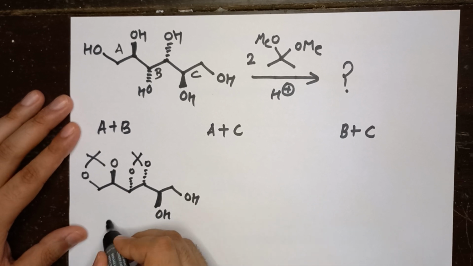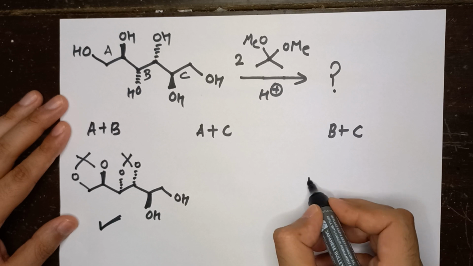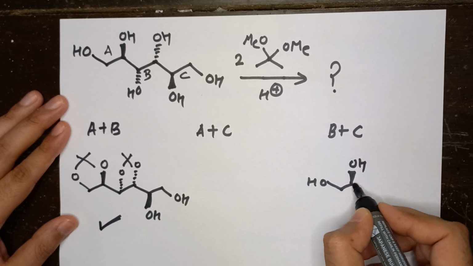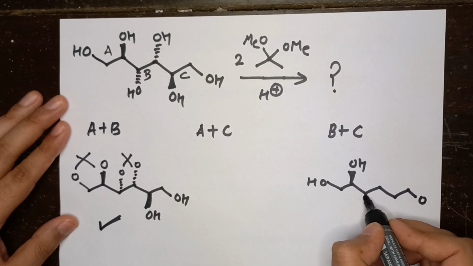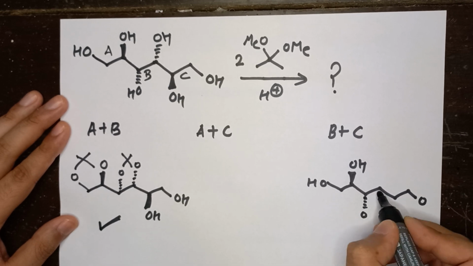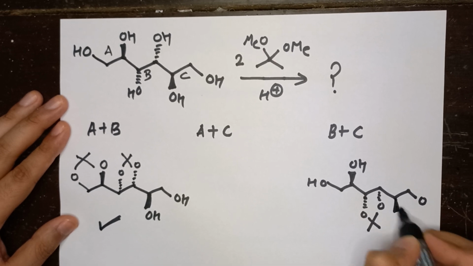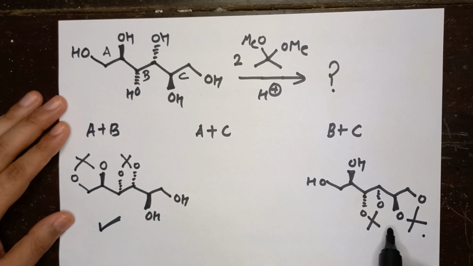So this is one of the products. Similarly, B plus C can react and give me this one. OH above the plane, here we have once again O below the plane, protected, and we are protecting C also. So this is when B and C react.